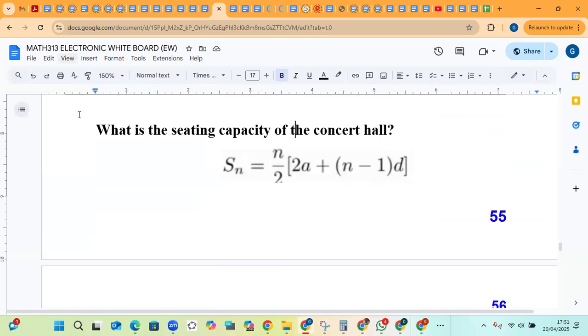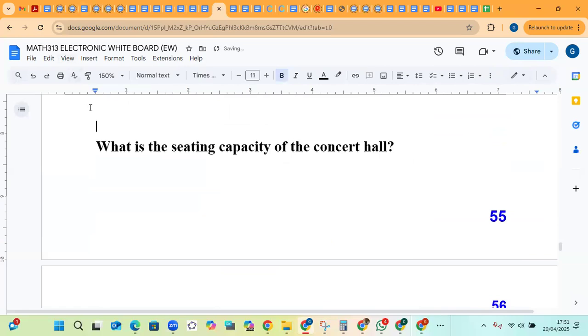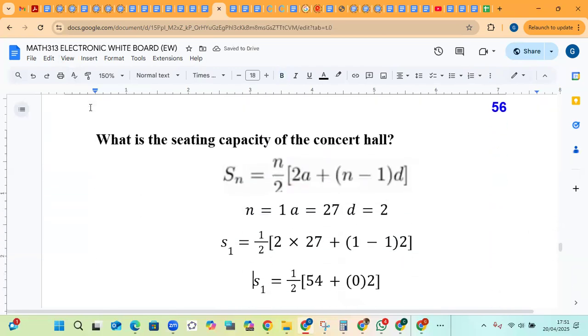As you can see, we have to use the sum formula, and here it is. We know what n is. N is the number of seats that are there, and we have A and we have D. So this was substituted and it was solved.